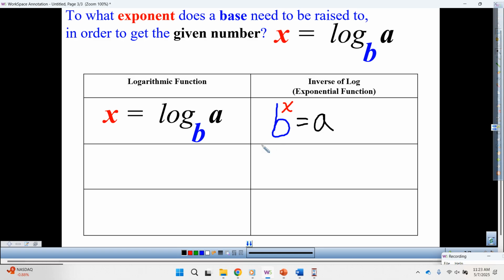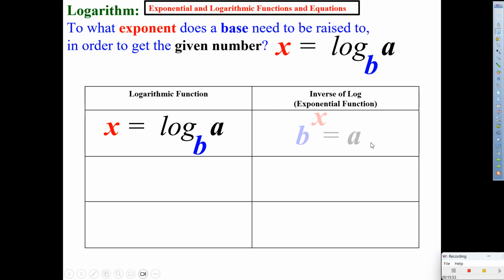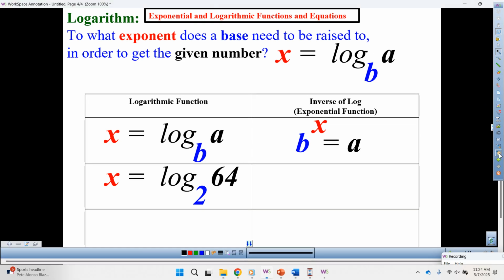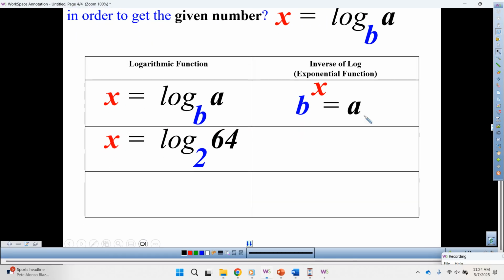All right, so now I'm going to give you another log function, but with numbers now. Copy that one. X equals log 2 of 64. All right, so question.